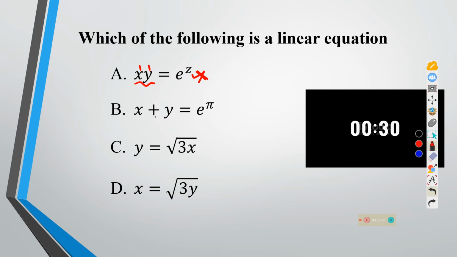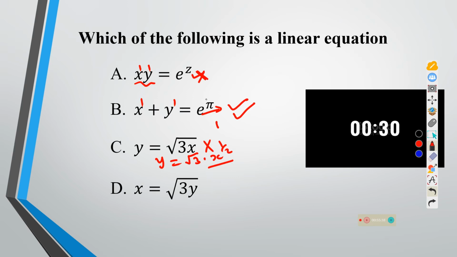This one here, x, the power is 1, but e to power pi is a constant value, so this can give us a linear equation. Because of this power half, this will be out, and remember, this can be written as y equal to the square root of 3 times x to power half. We said the powers for x must be to power 1, so this one will not be true.